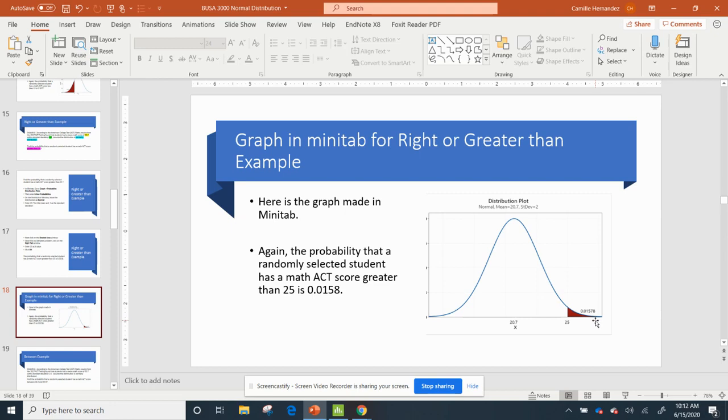I just rounded because I wanted 4 decimal places. If I wanted a percentage, it would be the percentage that a randomly selected student has a math ACT score greater than 25 is 1.58%. Okay, it's not very high. That's not likely to occur because that probability is so low.